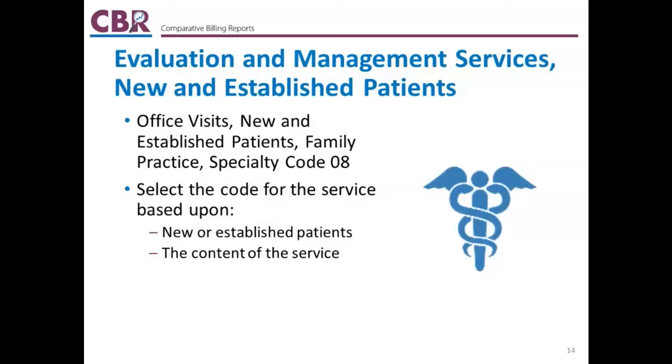The established patient office visit encounters are reported with codes 99211, 99212, 99213, 99214, and 99215. So during this webinar, when I reference a new or established patient visit, these are the codes that I will be referencing.